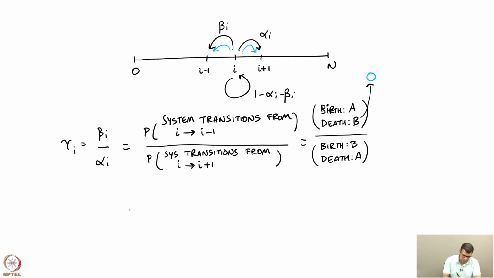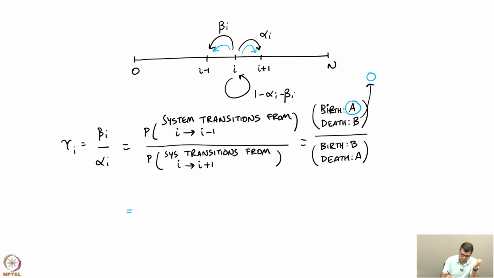So, let us write down the expressions of these terms. The probability of birth of an A type individual is simply going to be the combined fitness of all the A type individuals divided by the total fitness of all individuals in the population.